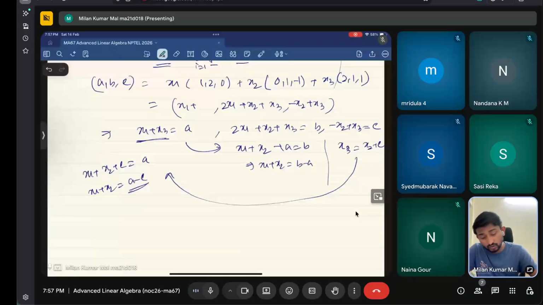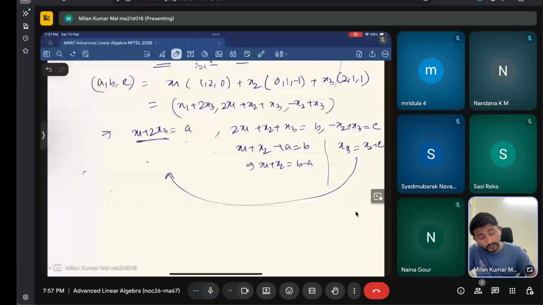So it is x1 plus 2x3. Then the calculation will change a little bit, everything will change a little bit. So let me obtain x3 from here: x3 equals x2 plus c. Now replace this here. What we get is x1 plus 2x2 plus 2c equals a.